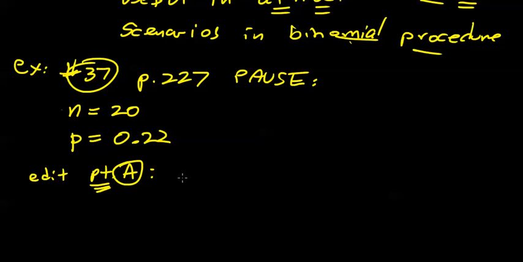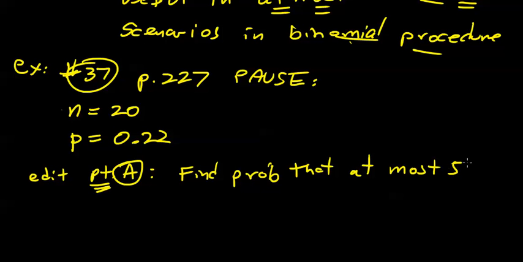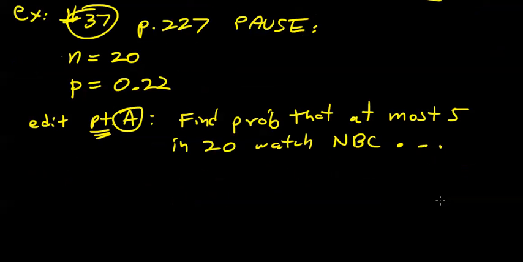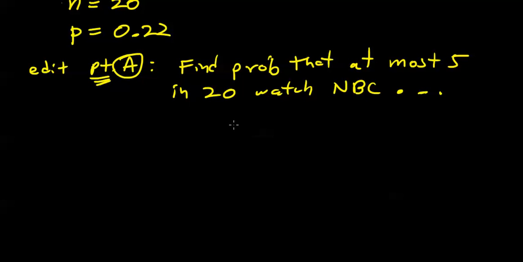I'm going to say find the probability that at most 5 in 20 are watching NBC Sunday Night Football. Okay, I'll shorthand it like that since we've already talked about the problem. I'm hoping you'll follow. Again, we're randomly selecting 20 people, as stated in the problem.